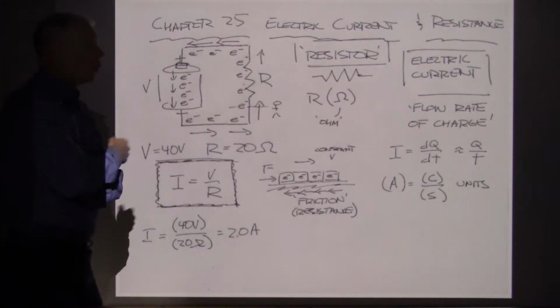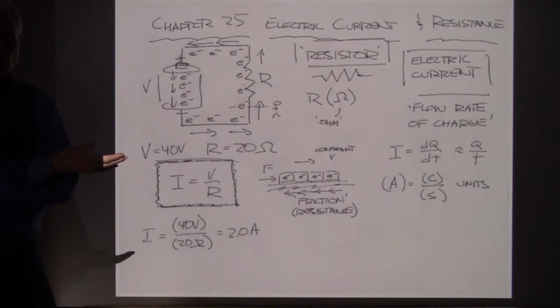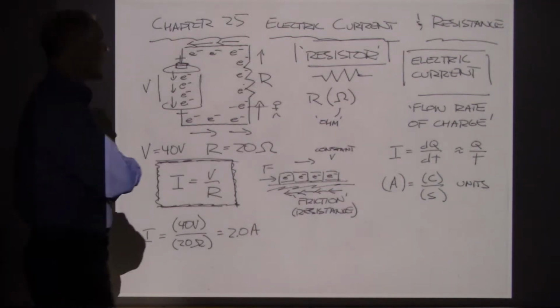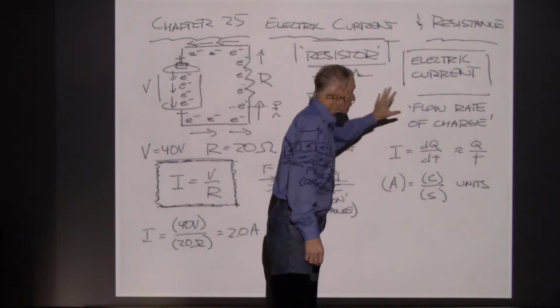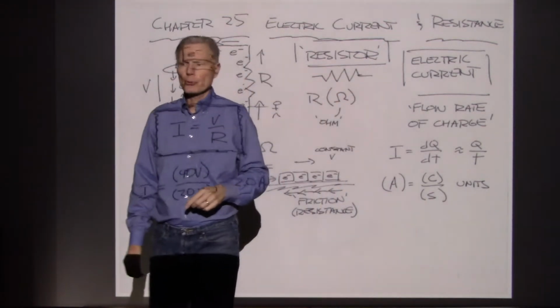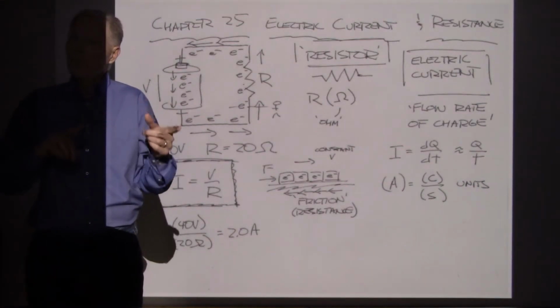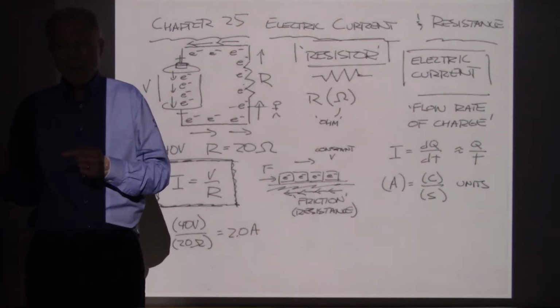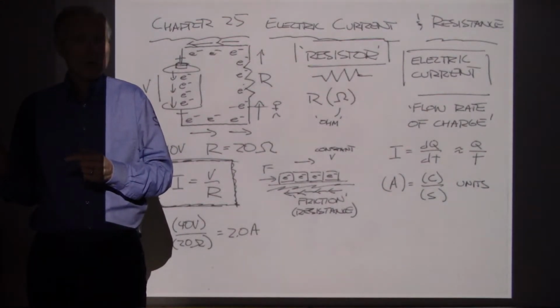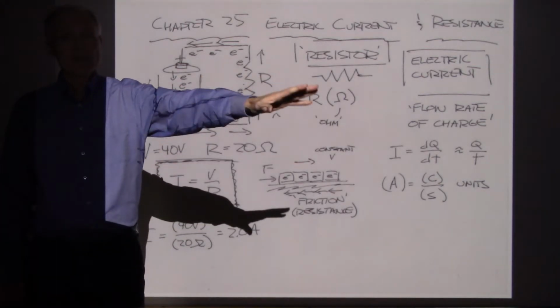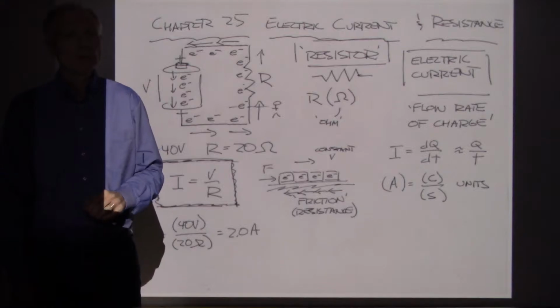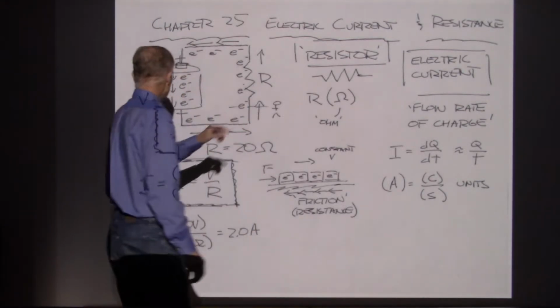Voltage, or electric potential, is related to how much energy the charges have, and the flow rate, or the current, is determining the rate at which the charges are moving through the circuit. But if I take the voltage and multiply it by the current, that's going to give me a rate at which energy is moving through my circuit. We'll get back to that on the next slide.